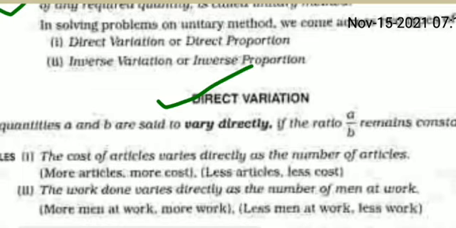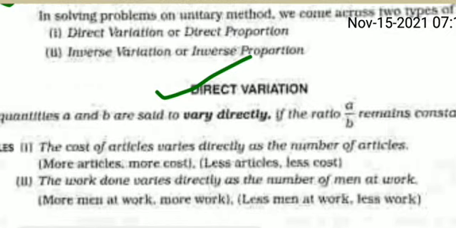Also if a question comes that if A and B are two quantities such that A by B remains constant, then what type of variation does it represent? You will have to say that this represents direct variation. So when A by B is constant, then direct variation will occur, or direct proportion also will occur, because direct variation and direct proportion are the same thing. Okay.